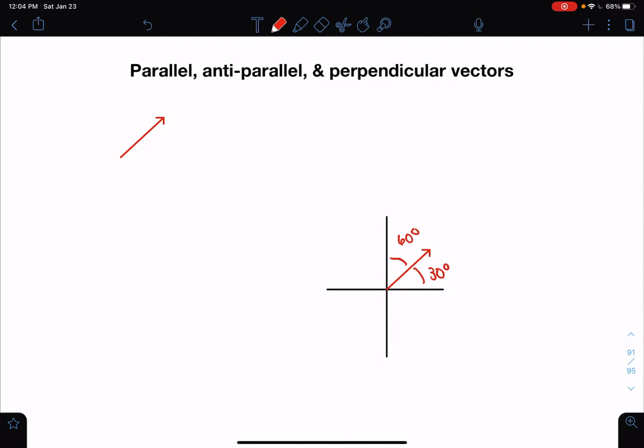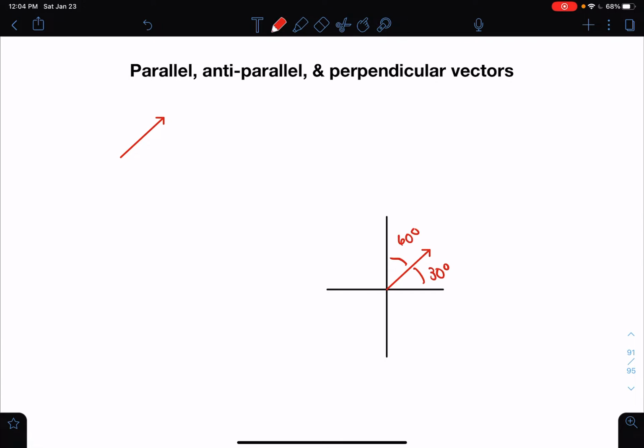So if I find another vector that's pointing up and to the right, and I know that its angle to the horizontal is 30 degrees, then I know that vector is parallel with this one. If I find a vector pointing up and to the right, in other words, in the first quadrant, and its angle to the vertical is 60 degrees, then I know it's parallel to this vector.